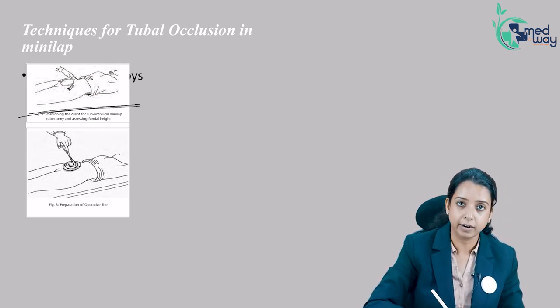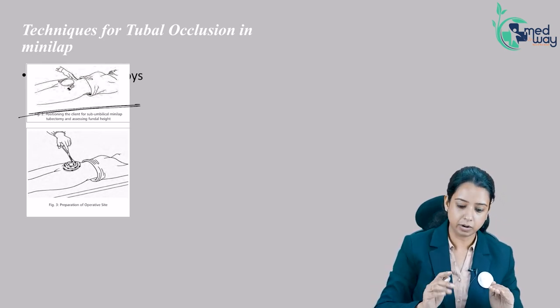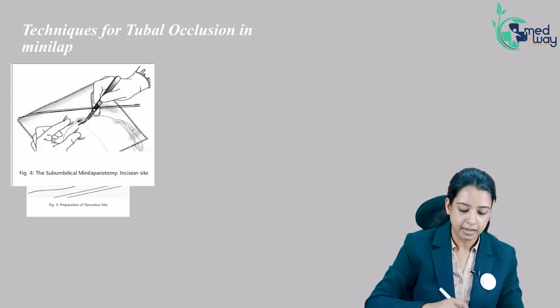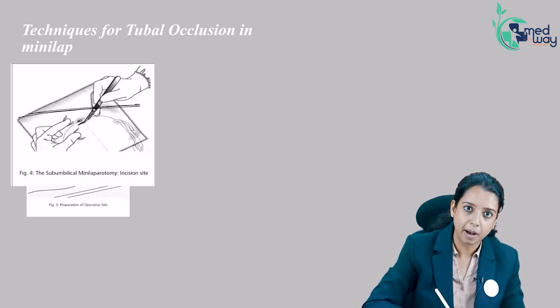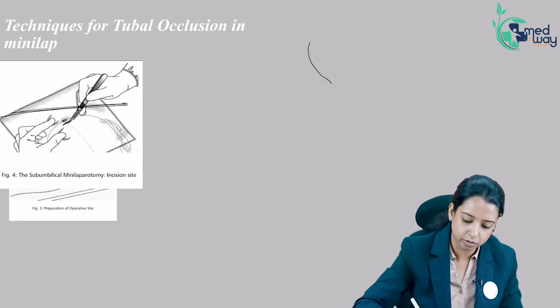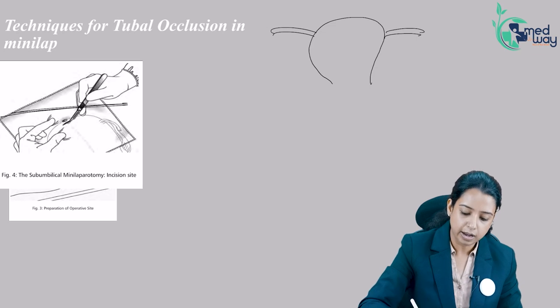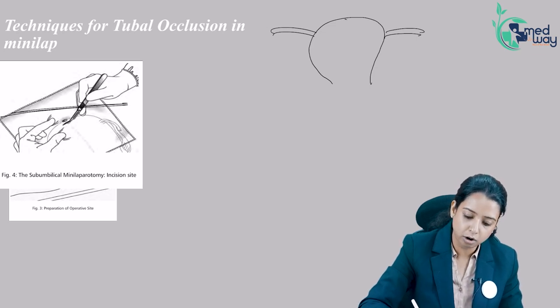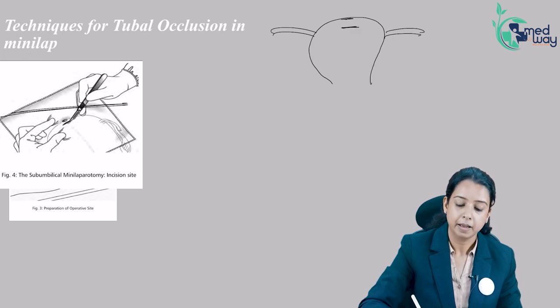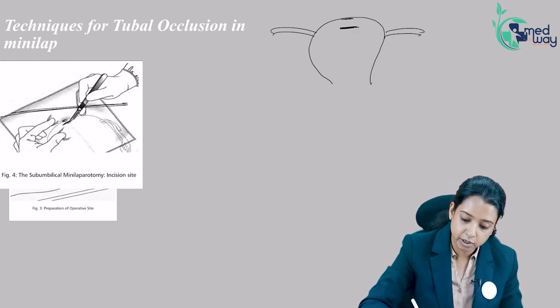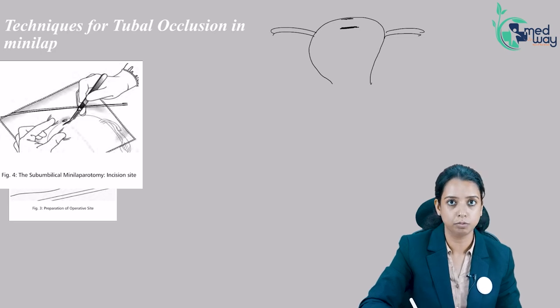So you palpate for the fundus, and wherever you find the uterine fundus, clean that area. Now, if this is the uterus, tubes are always a little below the fundus. So if you are able to palpate the fundus here, you do not make the incision there. You always make the incision a little below the fundus, because only then can you access the tube.